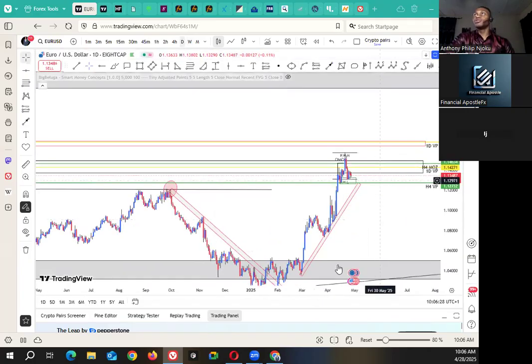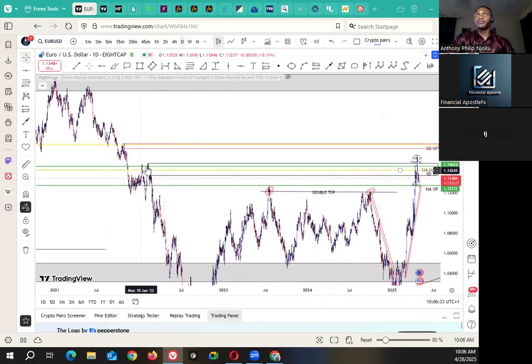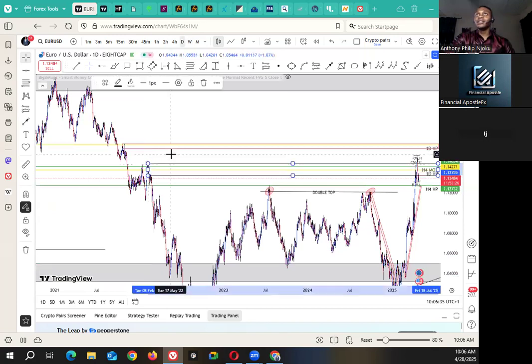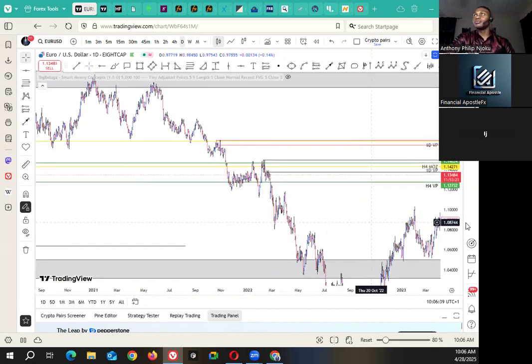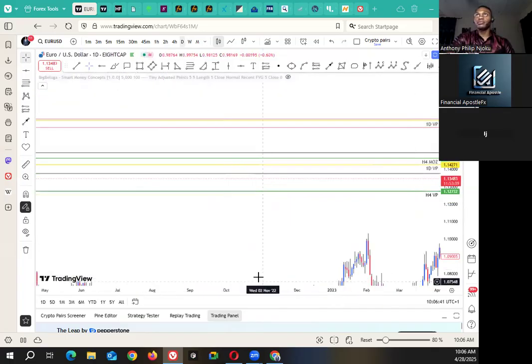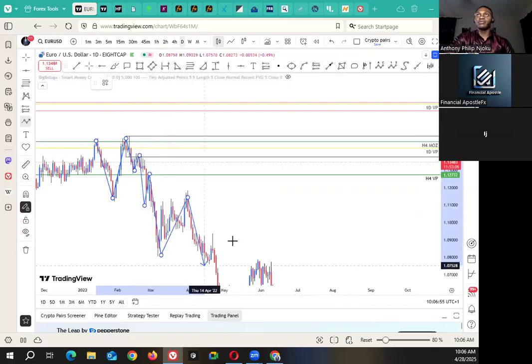If you look closely from the past over here, this is looking like a supply zone on the daily time frame. This is looking like a supply zone over here. Why I say that is because the market came to here, created a double top, and then started bearish structure to the downside. So that is a supply zone.